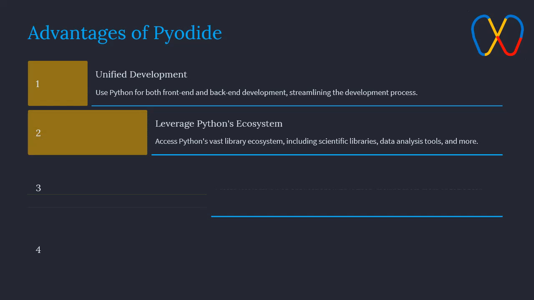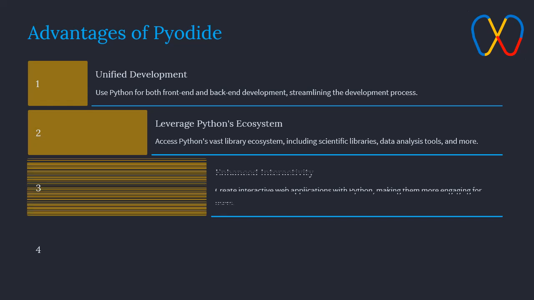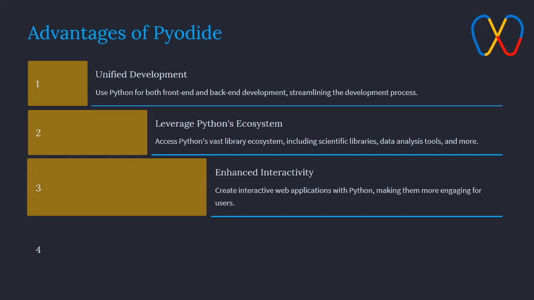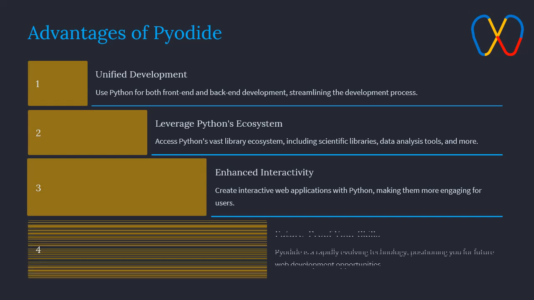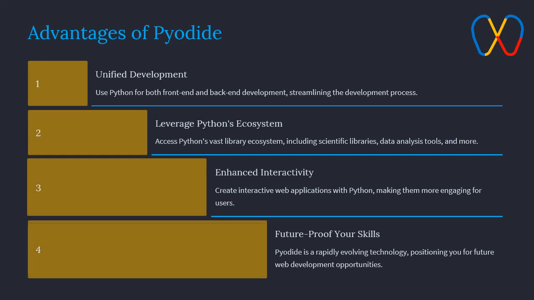Enhanced interactivity. Create interactive web applications with Python, making them more engaging for users. 4. Future-proof your skills. Pyodide is a rapidly evolving technology, positioning you for future web development opportunities.